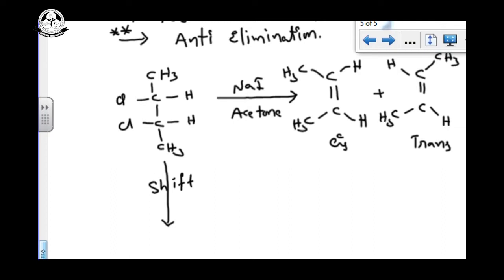If the compound is given like this, I am going to shift like this, with Cl, H, CH and H, Cl, CH. Anti-elimination is opposite. Opposite we can remove and we can get the double bond.